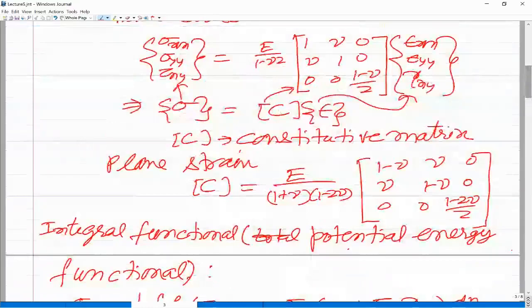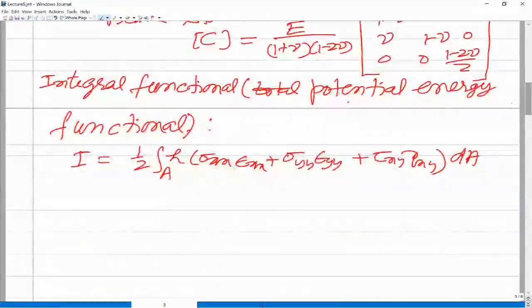For a linear elastic isotropic material, in both cases tau xz and tau yz, gamma xz and gamma yz will be zero. The only thing is that in plane stress, sigma zz is zero and epsilon zz would be non-zero. In plane strain, sigma zz would be non-zero, but epsilon zz would be zero. But the independent pairs of stresses and strains are only three: sigma xx, epsilon xx, sigma yy, epsilon yy, tau xy, and gamma xy. So I am relating only these three. Okay, sir.